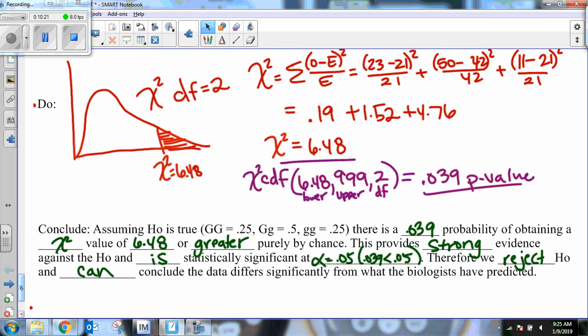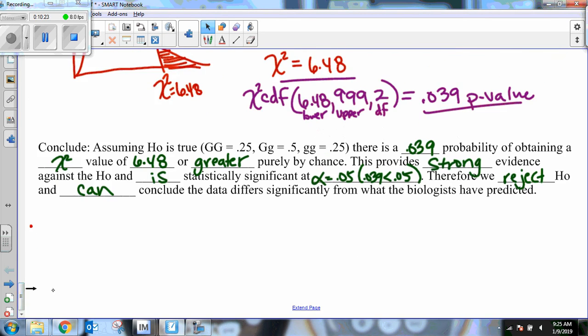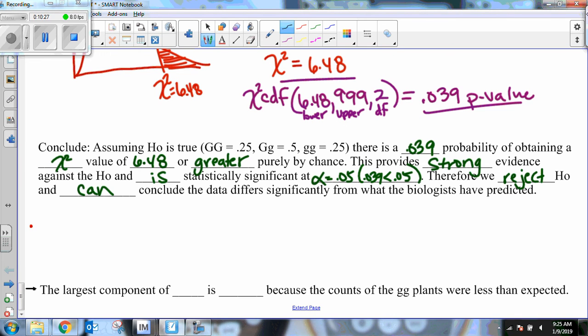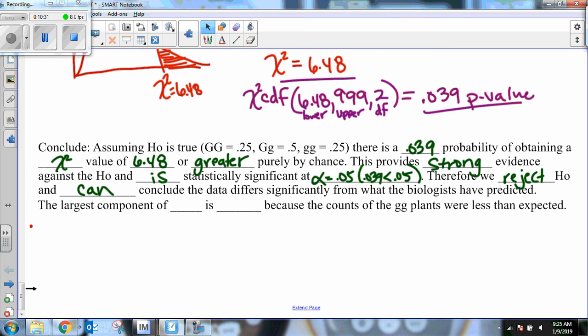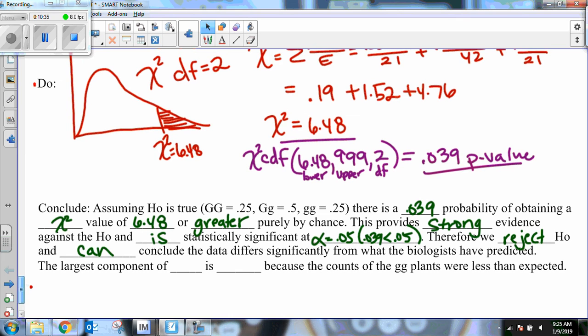Okay, now remember, because we rejected, I'm going to come up with my follow-up analysis, which is right here. You're going to just tack this on to the end of your conclusion. Why did we reject? What portion of this made us reject? Well, in our case, this is the largest component, 4.76.